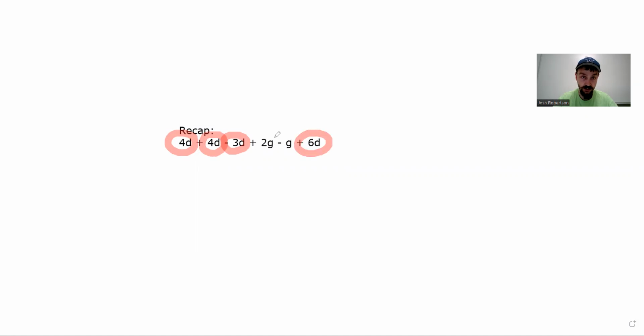And then we find all the G terms like positive 2G and a negative G. And you just combine those all together. So let's see. 4 plus 4 is 8. 8 minus 3 is 5, right? So 5 plus 6, you get 11 D's total. And that's just 2 minus 1, which is just plus G. Easy enough, right?